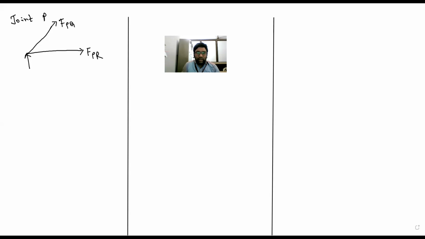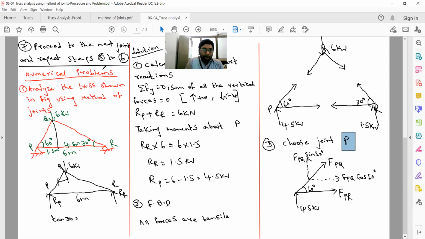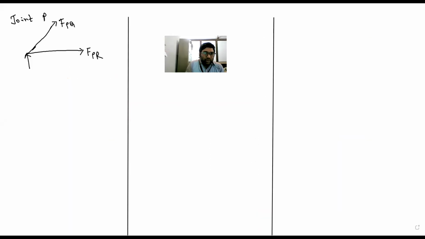Okay. Now what all we have? You can see that PDF again. So we have FPR, FPQ, and we are trying to resolve this into horizontal component and vertical component. So see that, this inclination is 60 degrees.